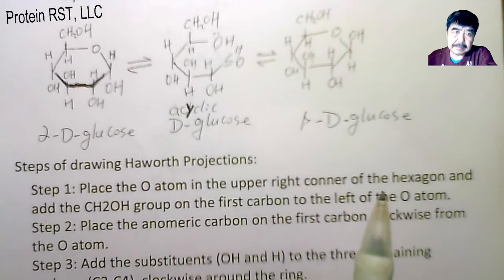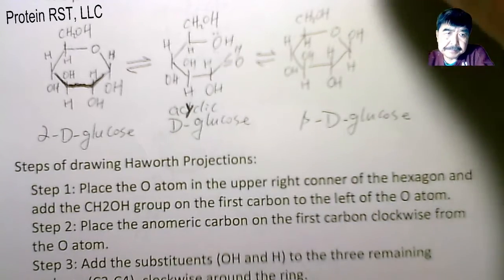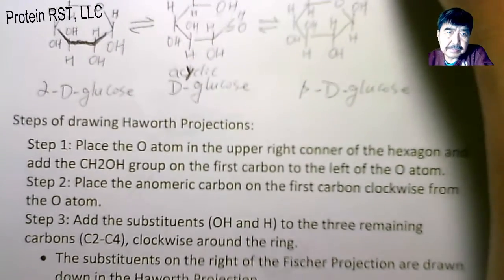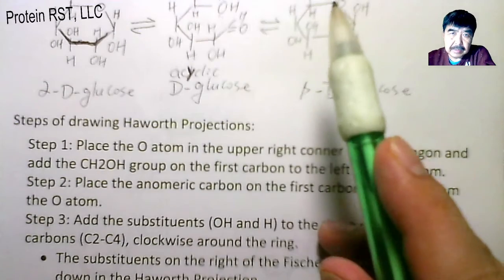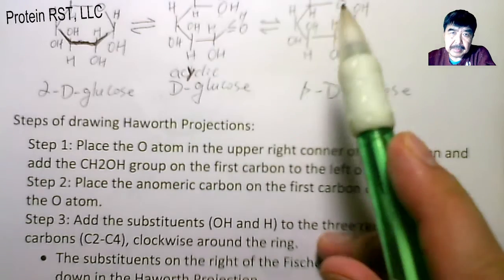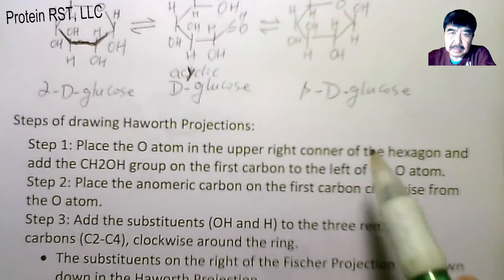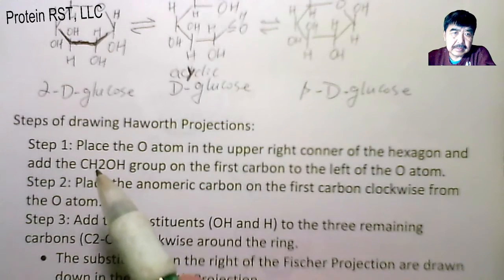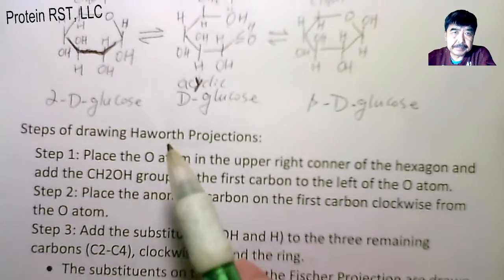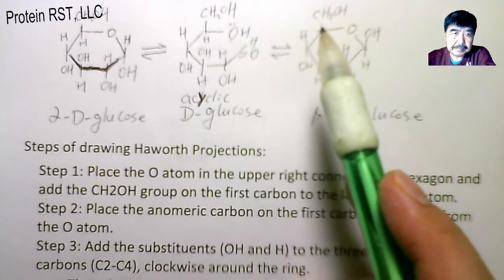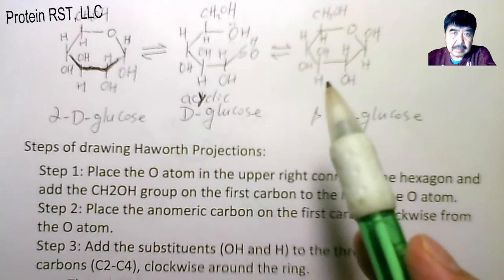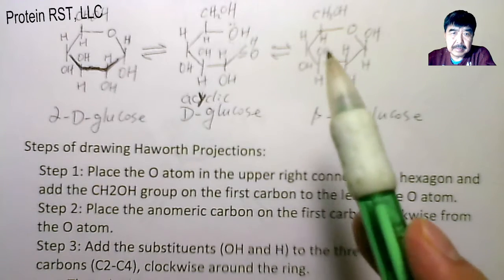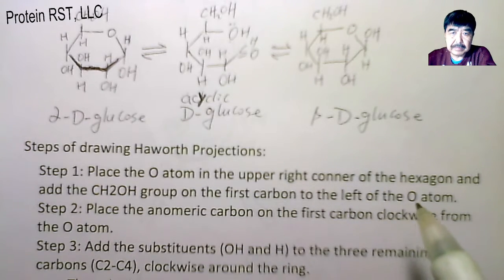Let's take a look at the steps of drawing the Haworth projection. Step 1: place the O atom, this O atom, in the upper right corner of the hexagon ring, and the hydroxymethyl group, this one, on the first carbon to the left of the O atom.